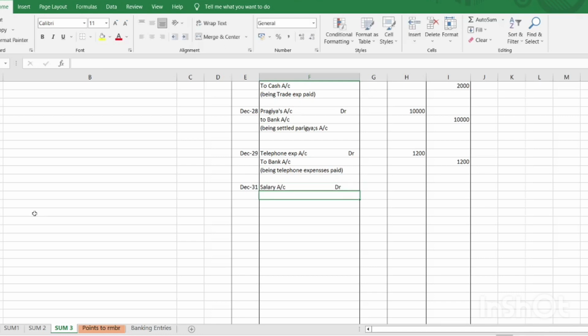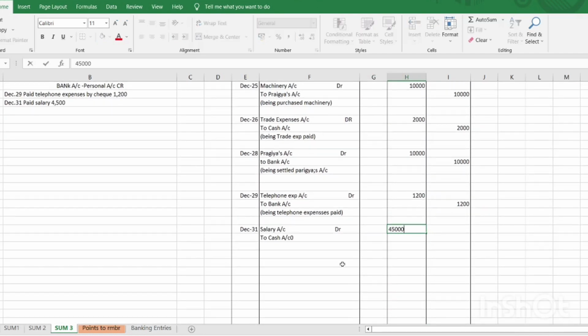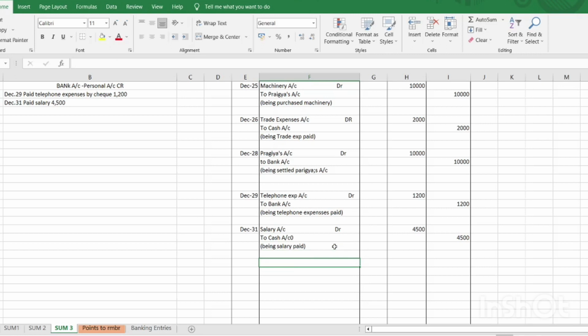Salary account debit to cash account for rupees 4,500, being salary paid. So now all the entries have been recorded.